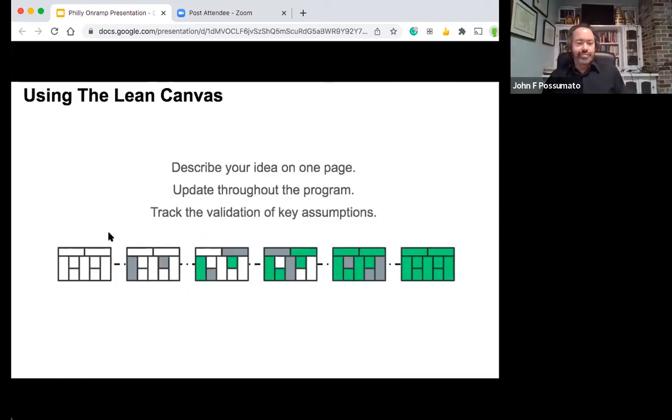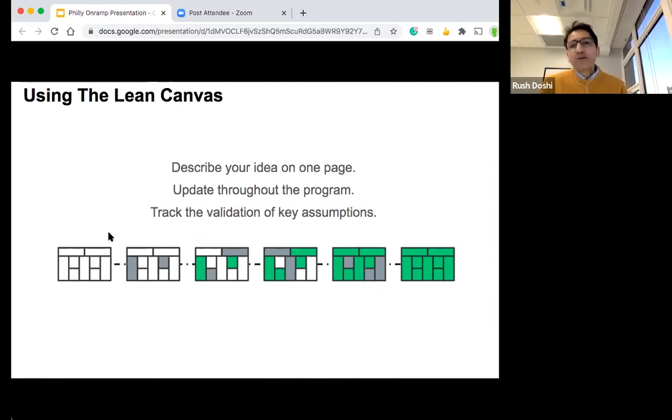So the lean canvas, the idea is to describe your idea on one page. As you're going through this program and cohort, or as you proceed with your startup, keep reviewing it, revisit it based on your learnings and update it, and continue to track the validation of your key assumptions, because I'm telling you, this will change.